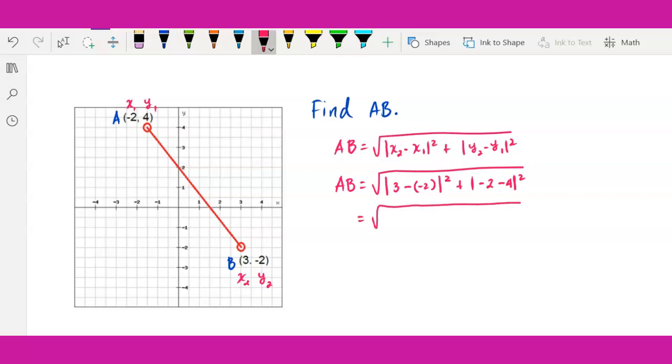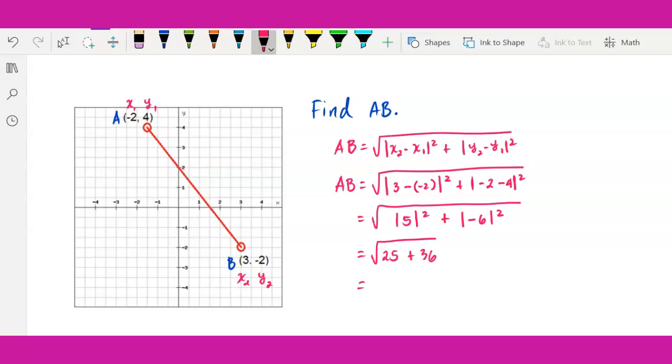Let's simplify inside the radical. 3 minus negative 2 is the absolute value of 5 squared, plus negative 2 minus 4 is the absolute value of negative 6 squared. The absolute value of 5 is 5 squared, that's 25, plus the absolute value of negative 6 is 6 squared, that's 36.